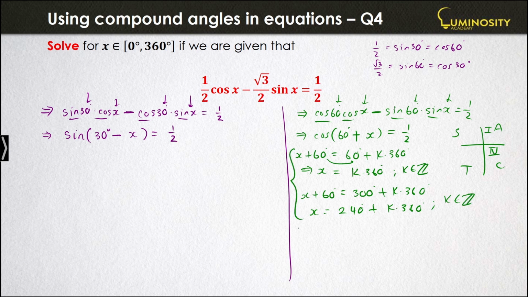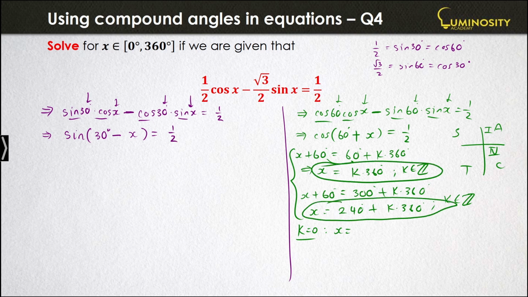If I put k equals 0 for the first quadrant, I get 0 degrees. For k greater than or equal to 1, the only applicable solution is x equals 360 degrees. For k less than or equal to -1, there are no applicable solutions because of this domain.